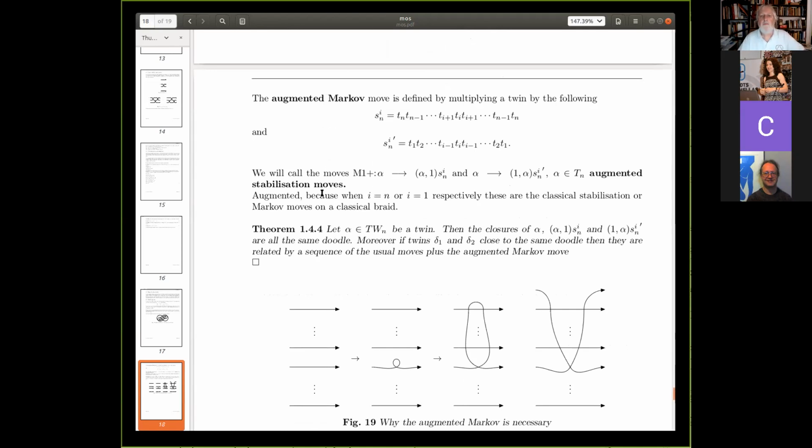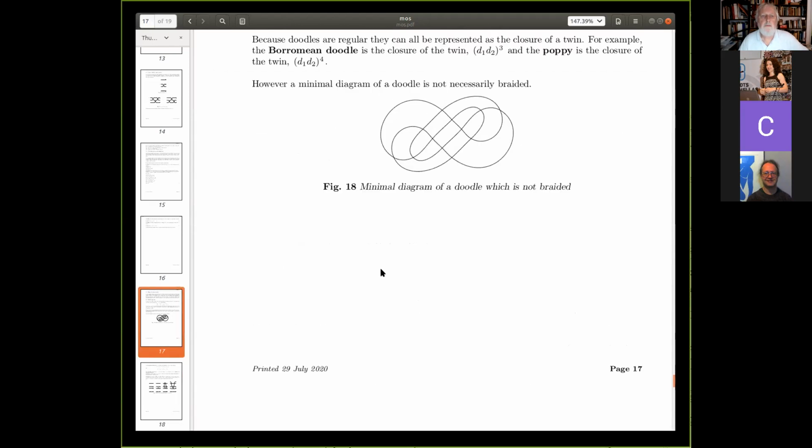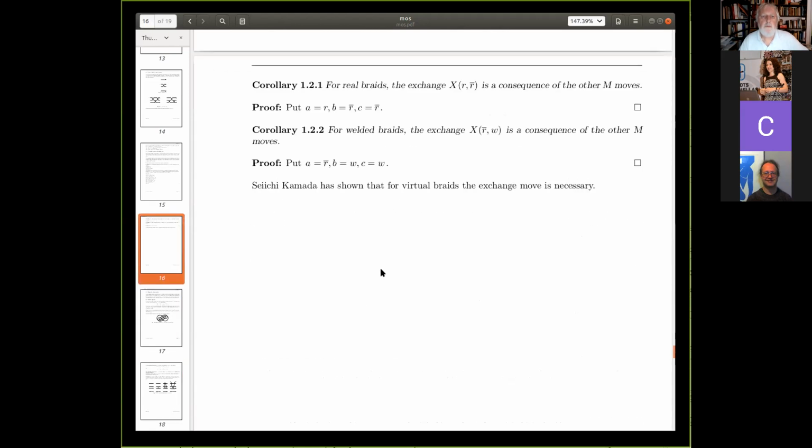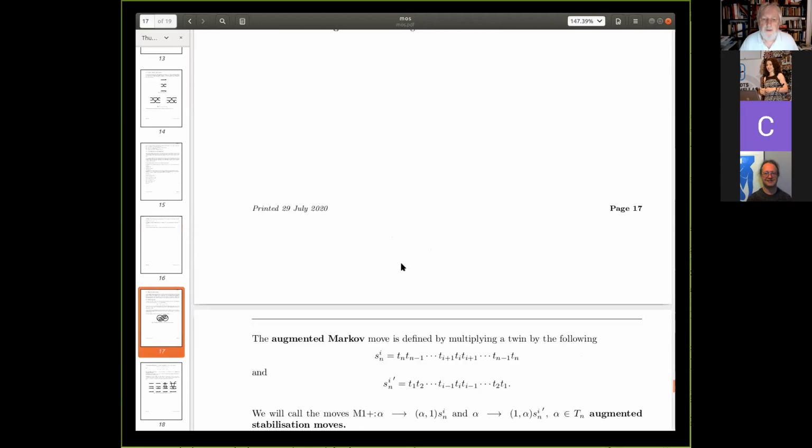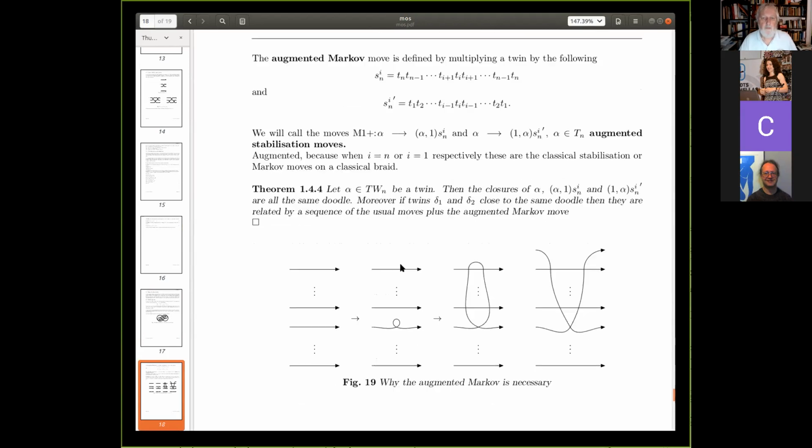But anyway, I thought I'd written it in. Yeah, it was a couple of pages up. There you go. Oh yeah, Gotin. Okay, I'm not going mad. Well, not that mad. So why do we need this augmented stabilization move?